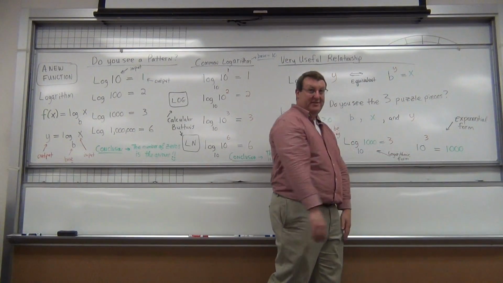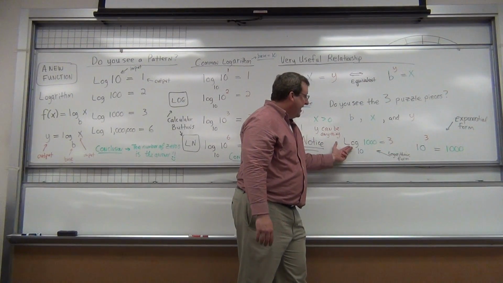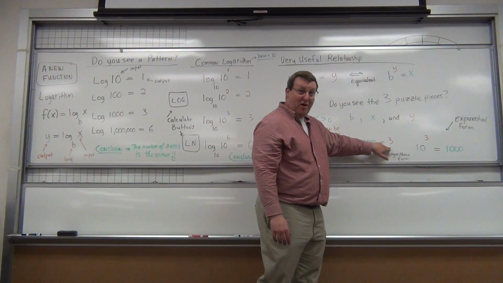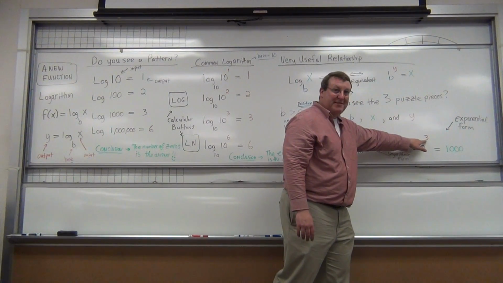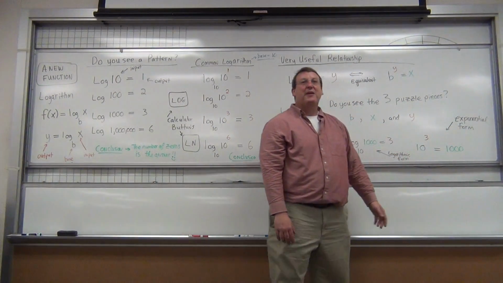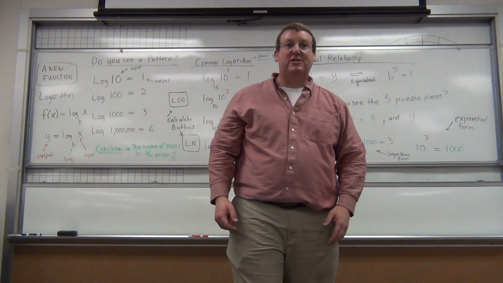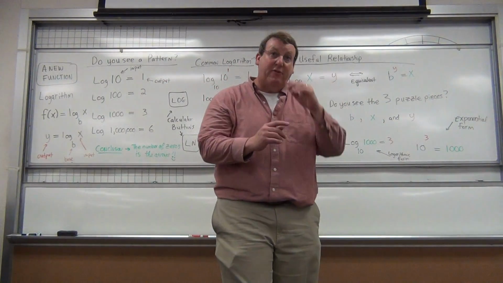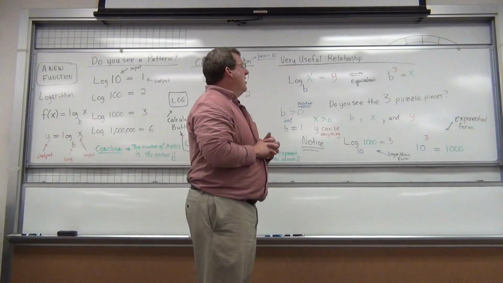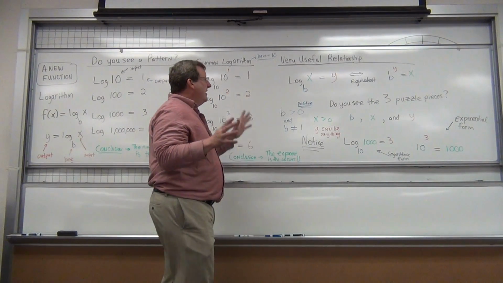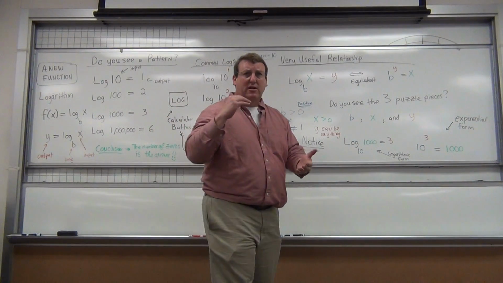They're equivalent. Logarithms take big inputs and make them small. Exponential functions take small inputs and give you a big number. You're going to find out that exponential functions and logarithmic functions are inverse functions. That's another video tutorial.